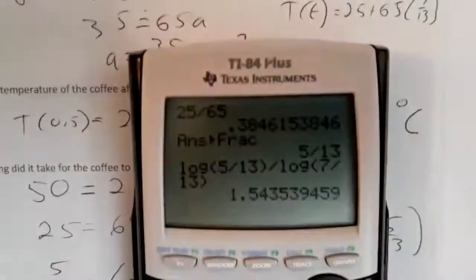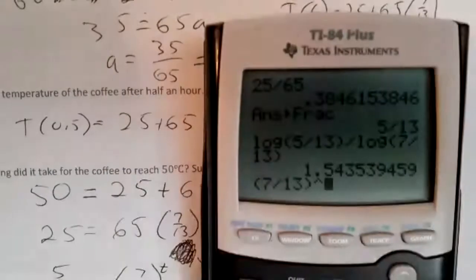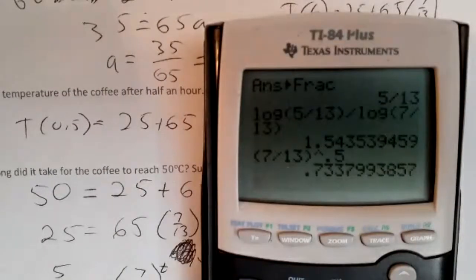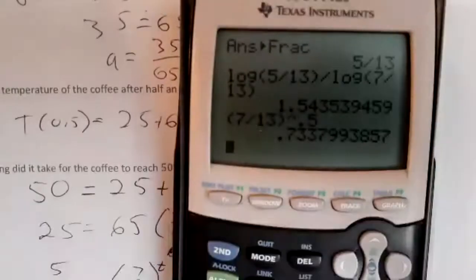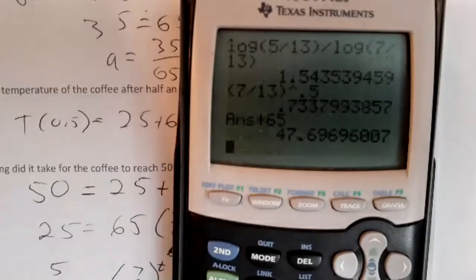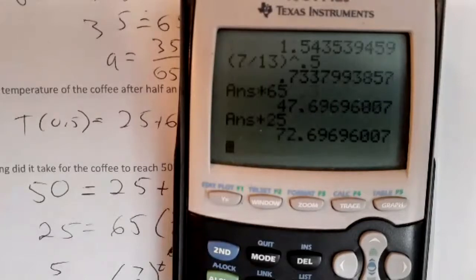Okay, so if you're going to take 7 divided by 13, and we want to raise that to 0.5, that gives me that crazy number. Then I want to multiply that by 65, and then add 25. I don't know, I'll have to mess with it.